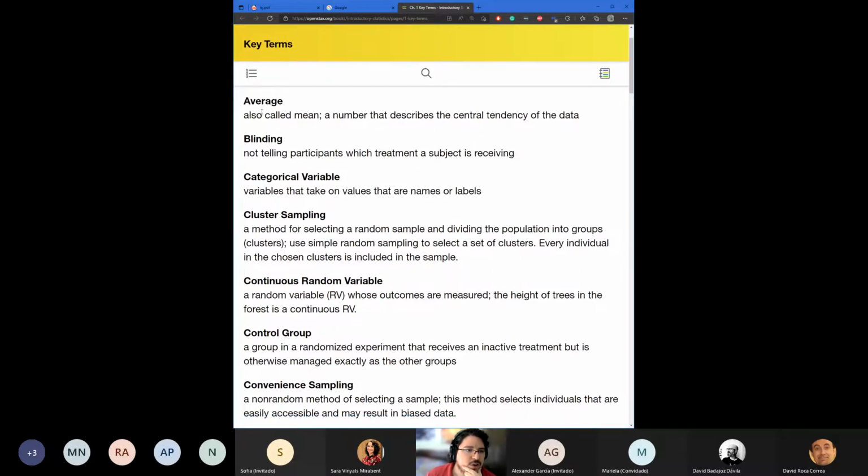All right. So first, the most common term: average. It's also called mean. As it says here, it's a number that describes the central tendency of data. So not always useful. Average is just a number that describes a set of data.